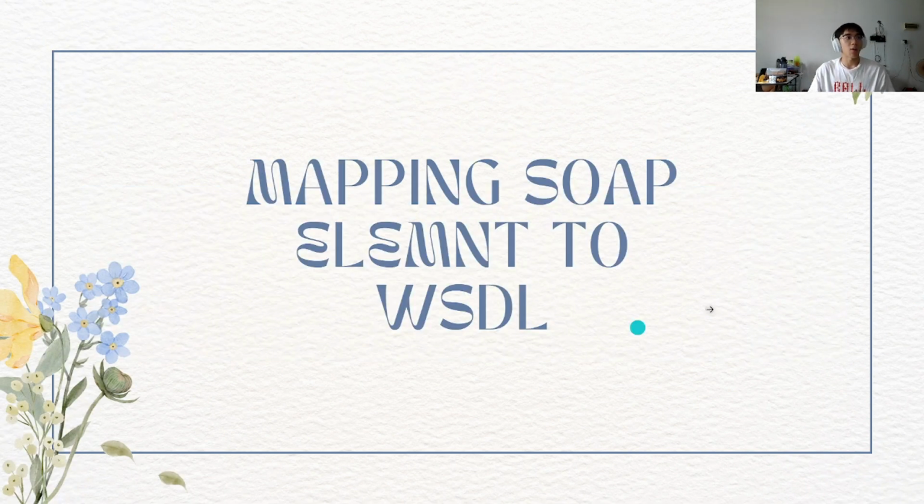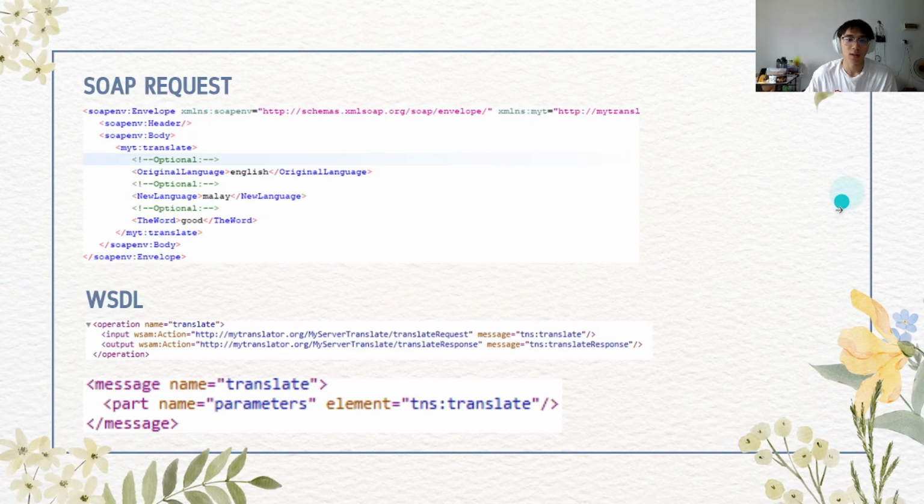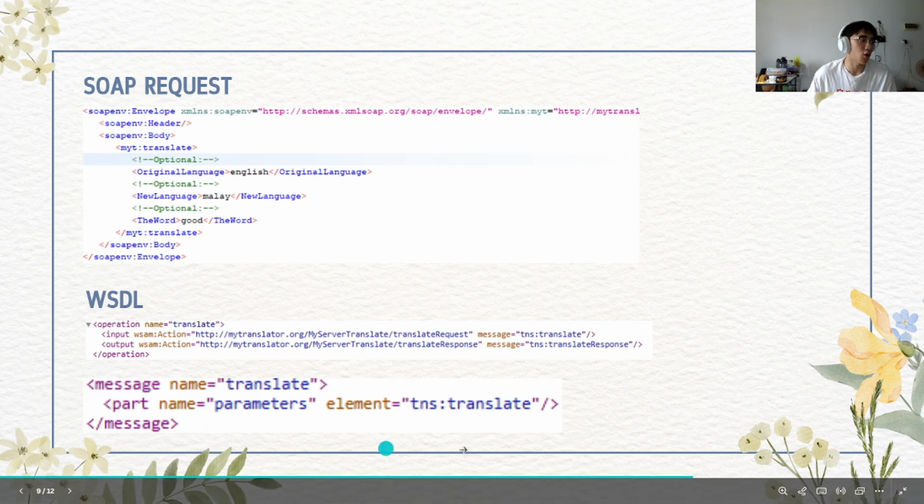Next, I will map my SOAP elements to WSDL, using the previous project that I showed just now. This one is the SOAP request, and this is the corresponding WSDL code.